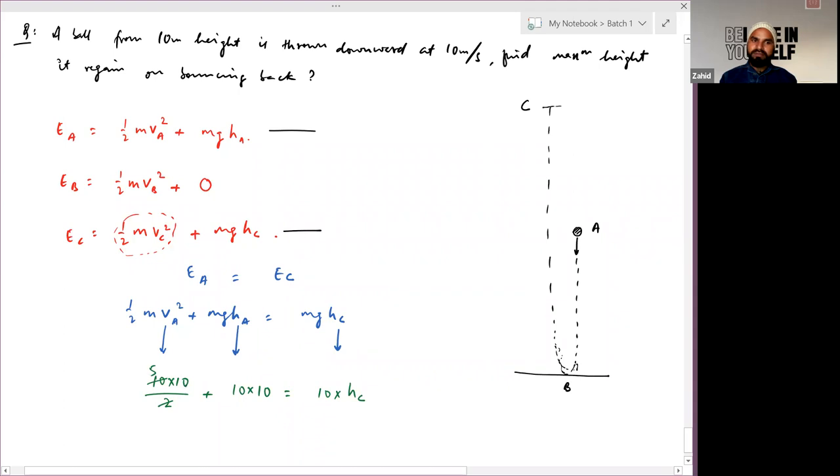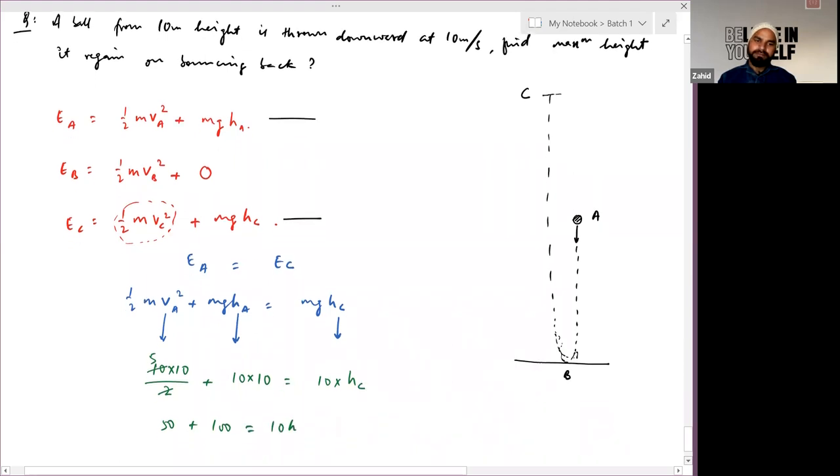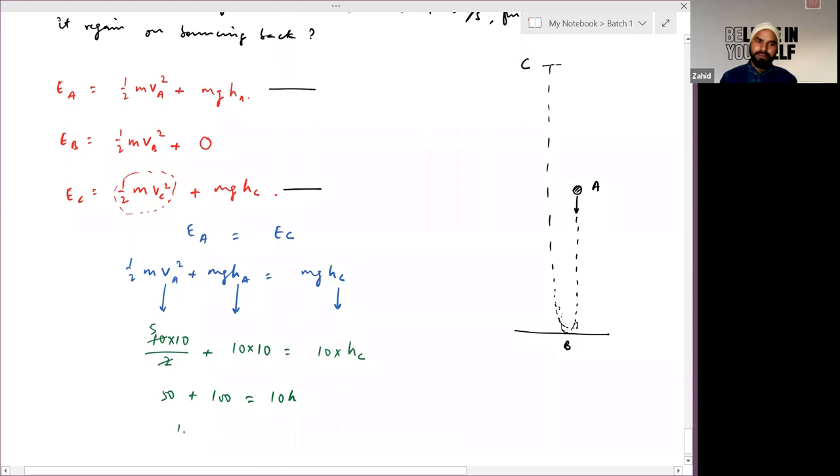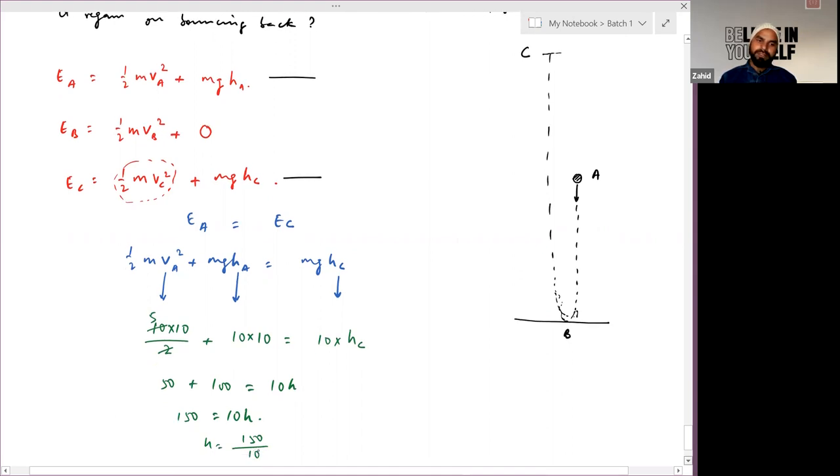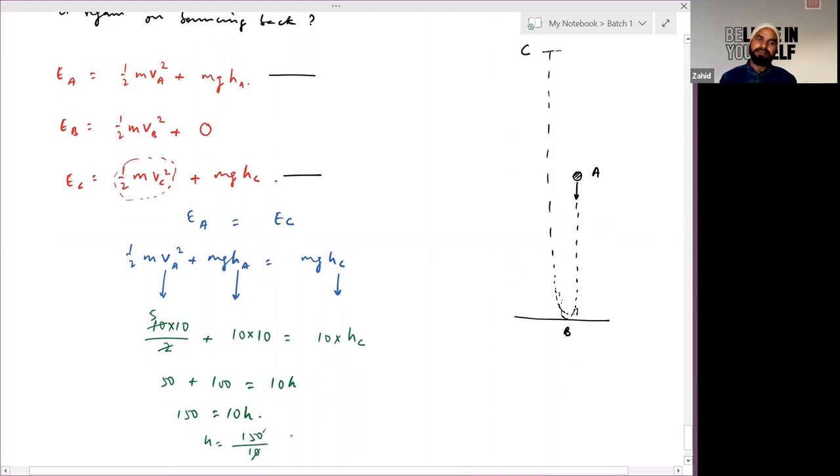So it will become 50 plus 100 is equal to 10 times h. So this will become 150 is equal to 10 times h. So h will be equal to 150 divided by 10. So this 0 and this 0 will cancel out. So you will get just 15 meters for this height at point C.